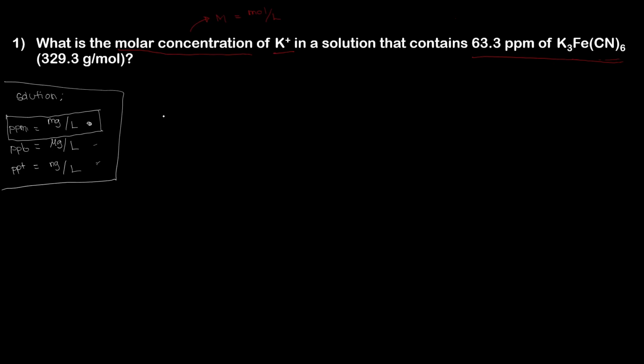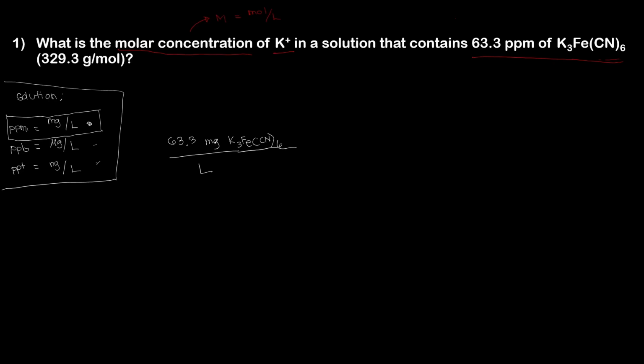So let's start with the given concentration, which is 63.3 ppm. 63.3 ppm is the same as 63.3 milligram per liter of K₃Fe(CN)₆.